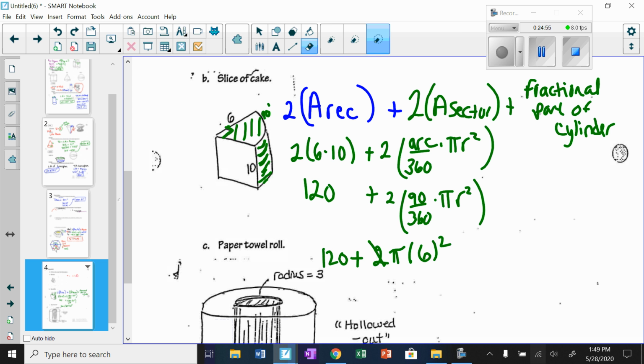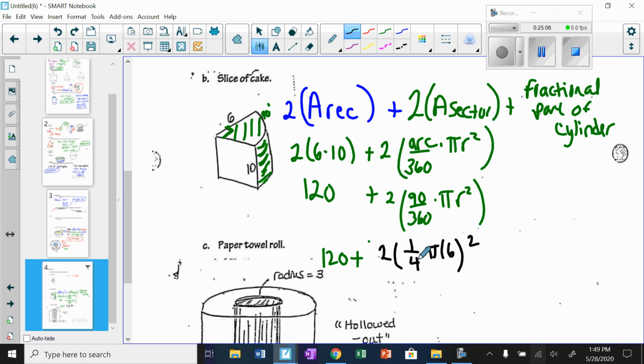Hold on, backtrack my algebra. Skipping ahead too much. So this was going to be 2 times 1/4 pi 6 squared. There we go. So this gets down to 2.5. 36 divided by 2 is 18. So we are 120 plus 18 pi.